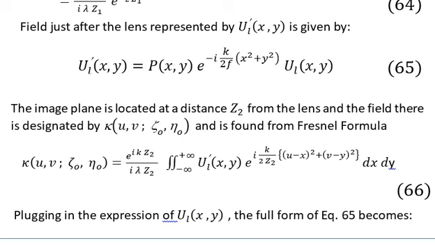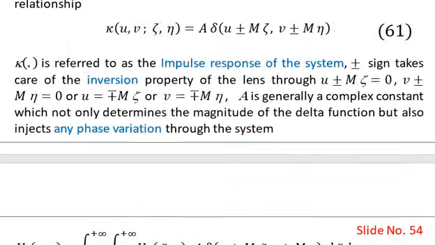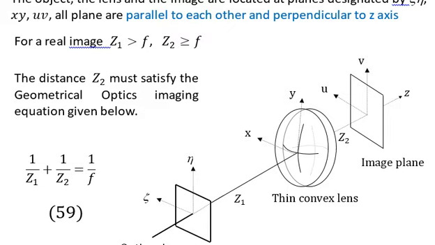Okay, the image plane is located at a distance z2 from the lens, and the field there is designated by kappa of u comma v semicolon zeta naught and eta naught, and is found from the Fresnel diffraction formula. So what we are now going to do is that we have calculated the field just after the lens, named ul prime.